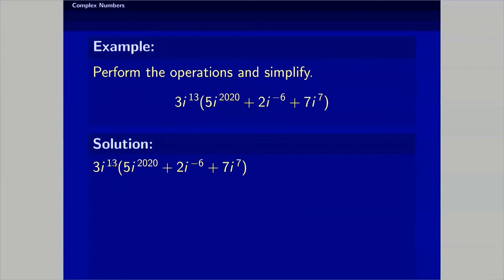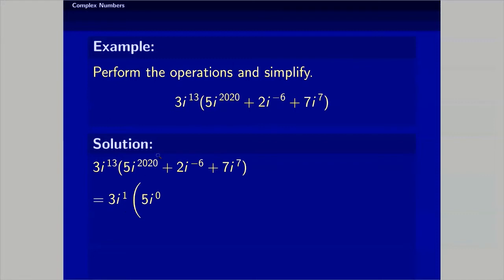So 13 divided by 4, what is the remainder? It's 1. So we have 3i raised to 1. Right? Okay, next. What about i raised to 2020? What is the remainder when you divide 2020 by 4? It's 0. So that's why you have 5i raised to 0.